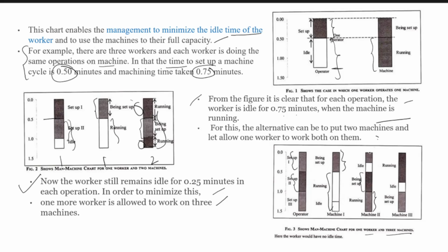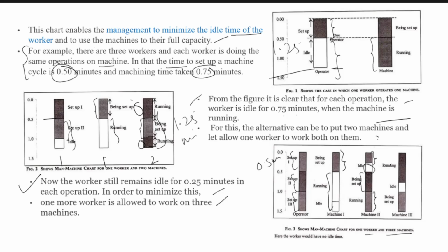Look over here. For this time, the second machine will be idle. He is setting up the third machine, because 0.5 minutes is required to set up each machine. So 0.5, 0.5, 0.5, that is 1.5. Earlier the total time was 1.25 minutes.